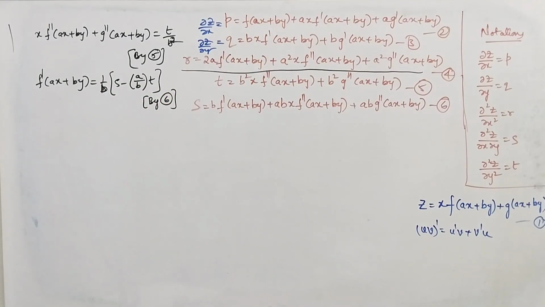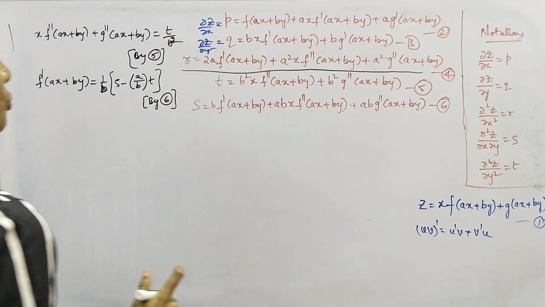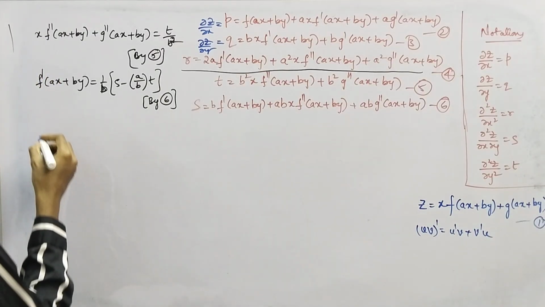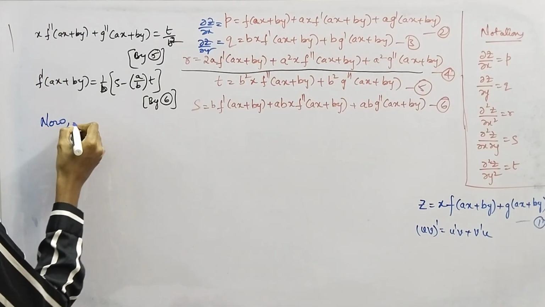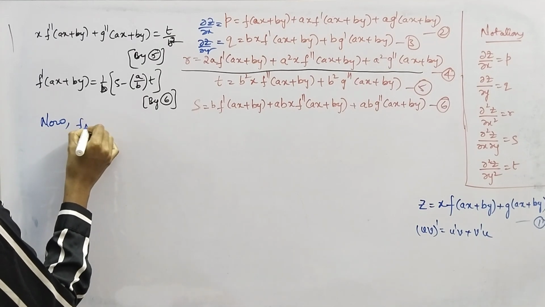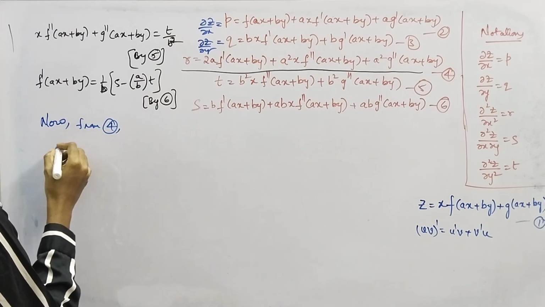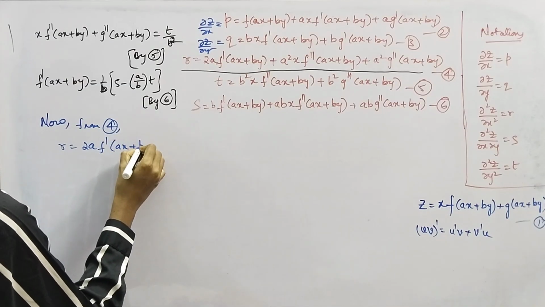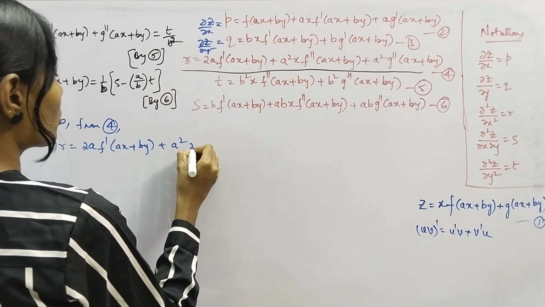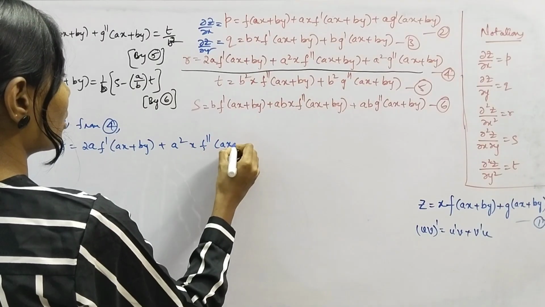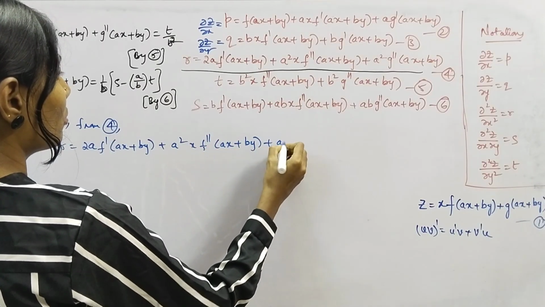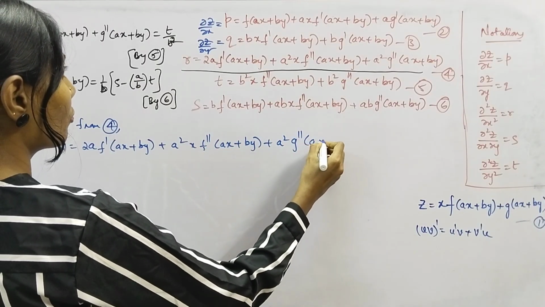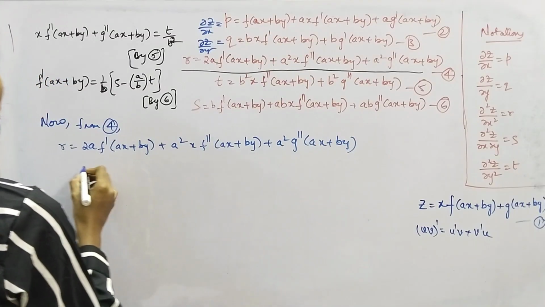Now we have equation 4. We'll use this equation 4 and these two to find the partial differential equation, right? Now we have 4. From 4, r equal to 2 into f dash of ax plus by plus a square x f double dash of ax plus by plus a square g double dash of ax plus by, right?